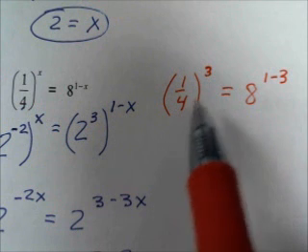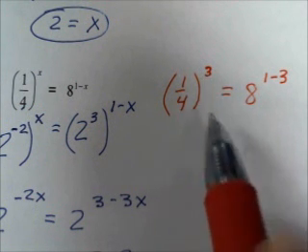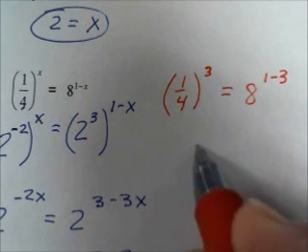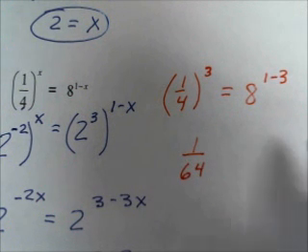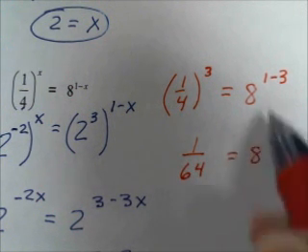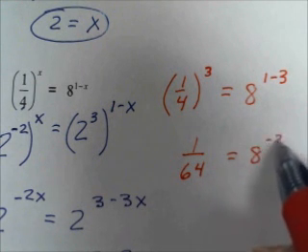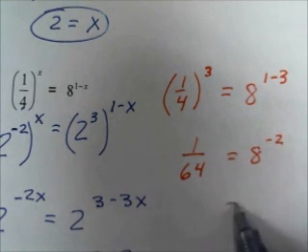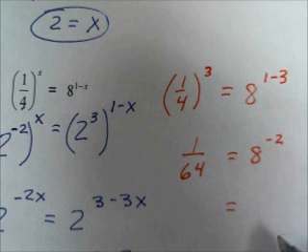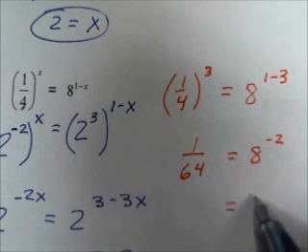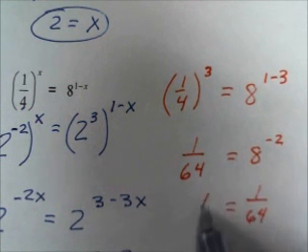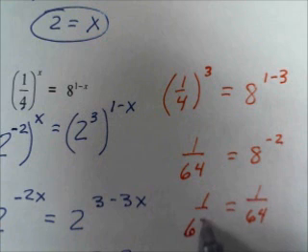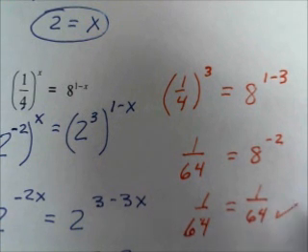Well, 1/4, I distribute, 1 to the third is 1, 4 to the third is 64, so that's 1/64. 1 minus 3 is -2, and 8 to the -2 would be expressed as 1/8 to the +2, or 1/8 squared, which is 1/64. So 1/64 equals 1/64.